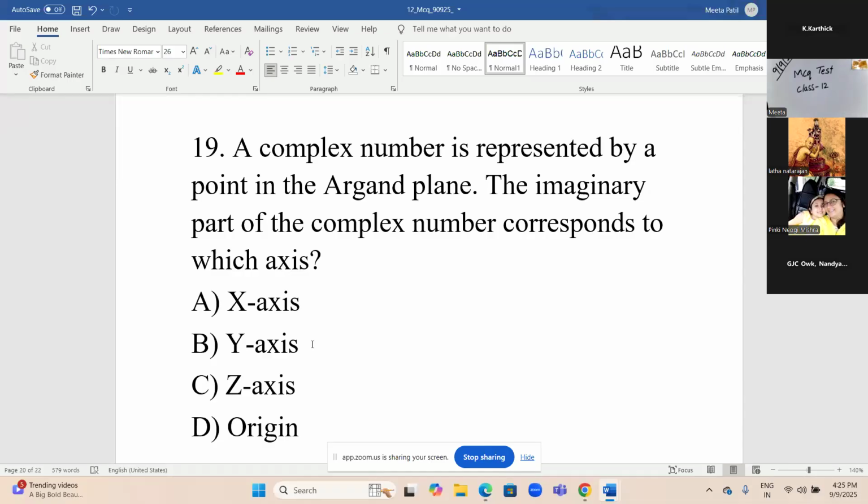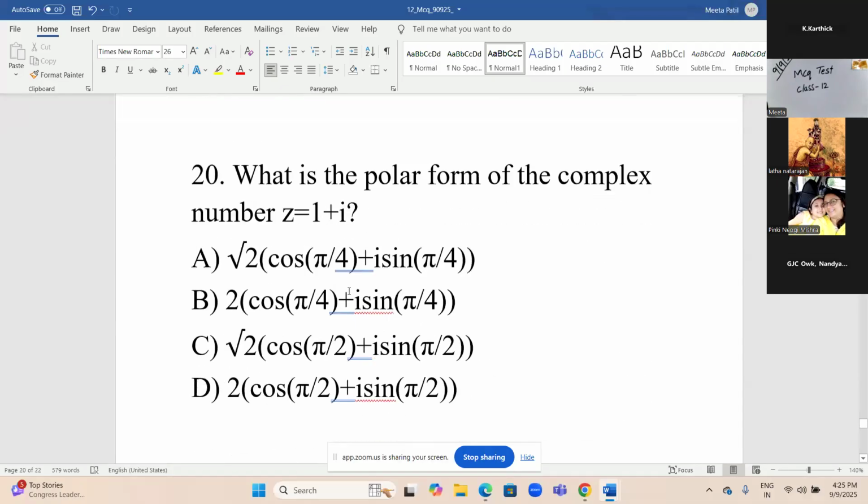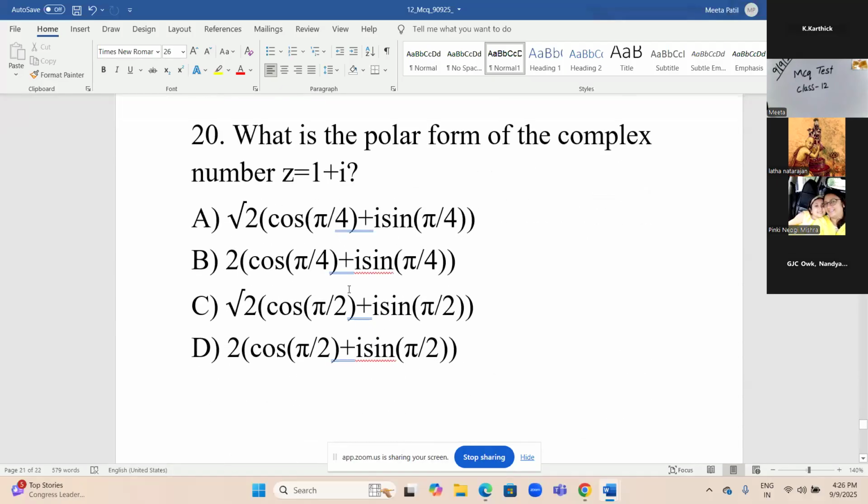Okay, so we will move to the last question. Here you have the last question, that is the 20th question. What is the polar form of the complex number z = 1 + i?